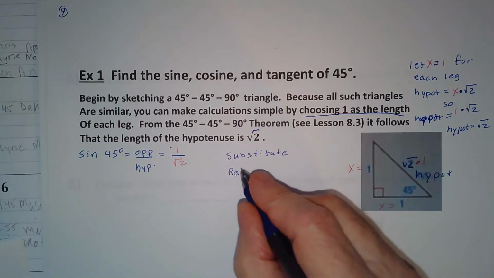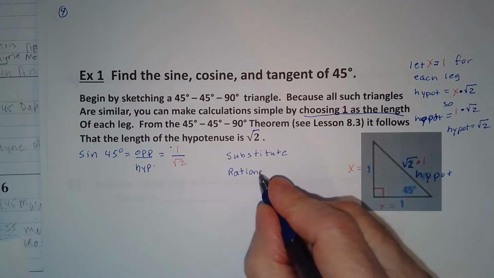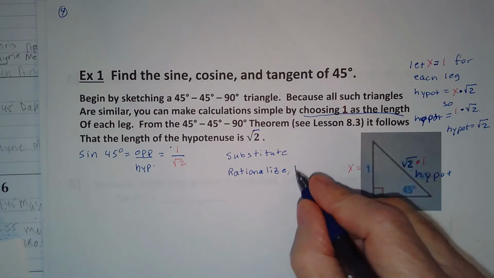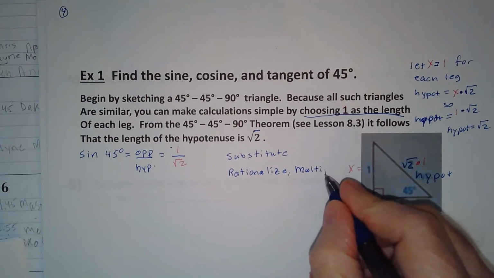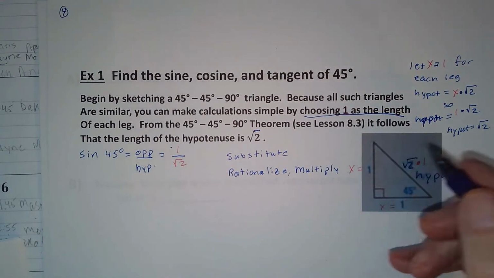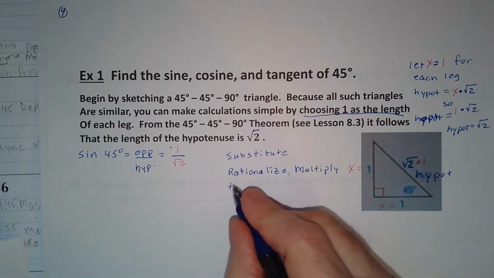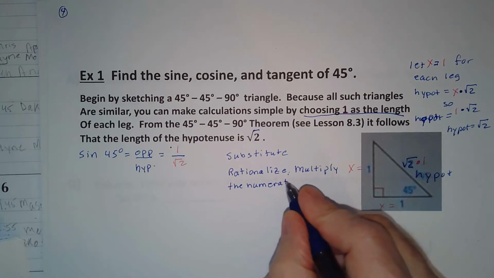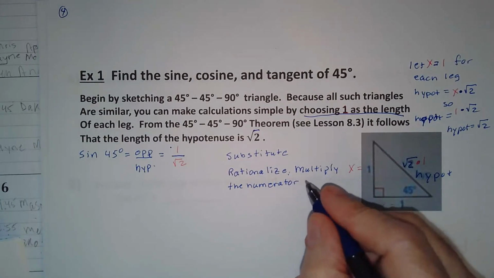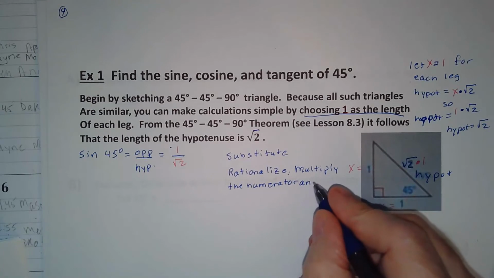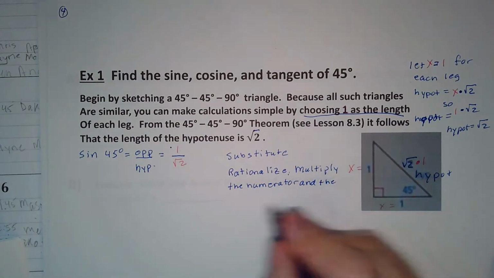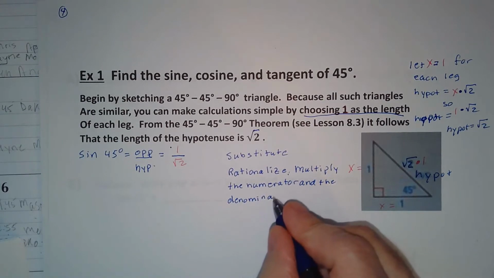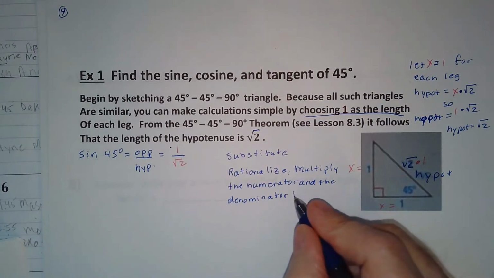So rationalize, which means multiply the numerator and the denominator by the square root of 2.